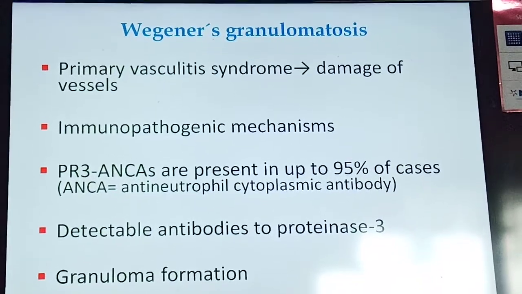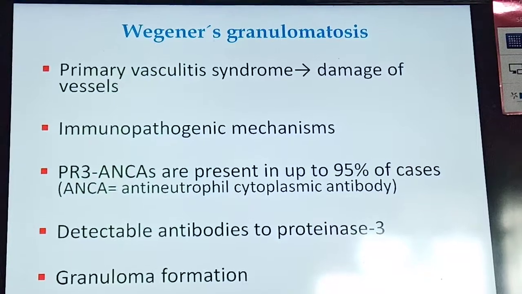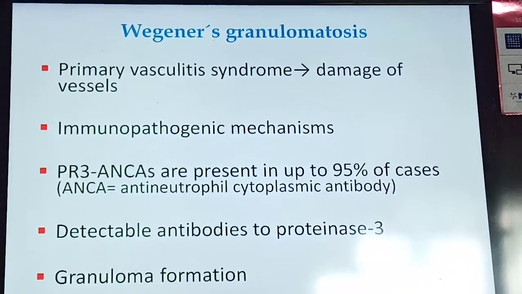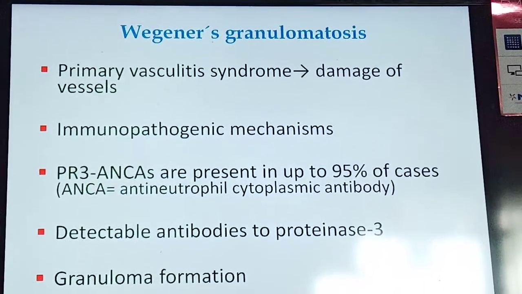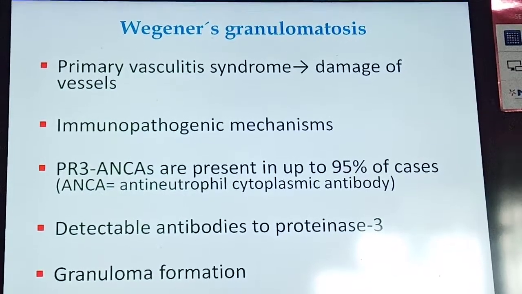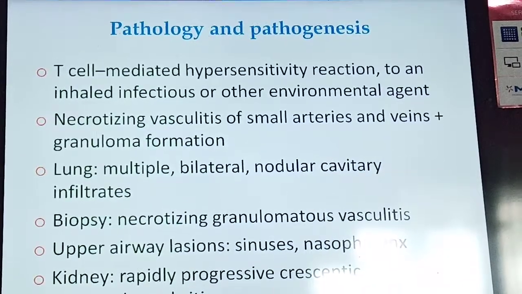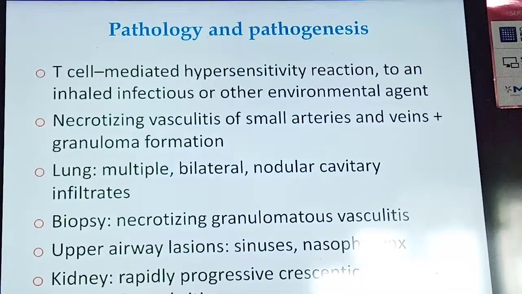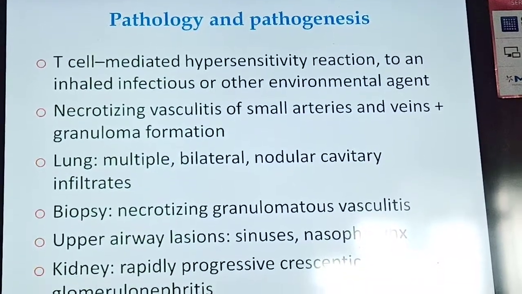Now in Wegener granulomatosis there is a primary vasculitis syndrome that may lead to damage of the vessels. These are the immunopathogenic mechanisms, and PR3-ANCA is present in up to 95% of cases, with detectable antibody to proteinase 3 and granuloma formation. In pathology and pathogenesis, there is a T-cell mediated hypersensitivity reaction to an inhaled infectious or other environmental agent.